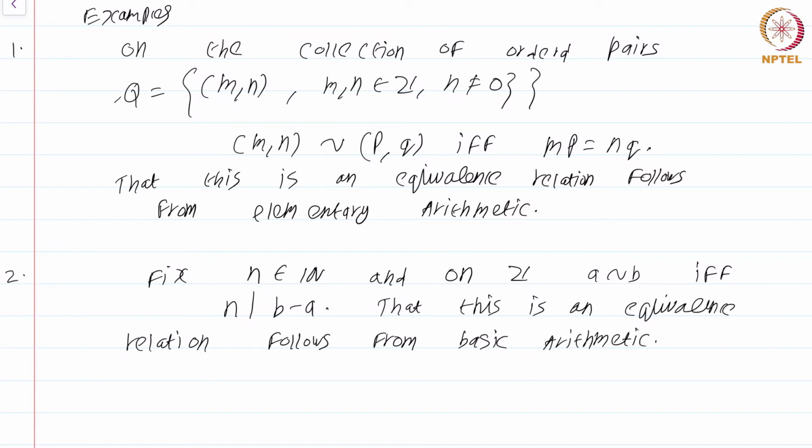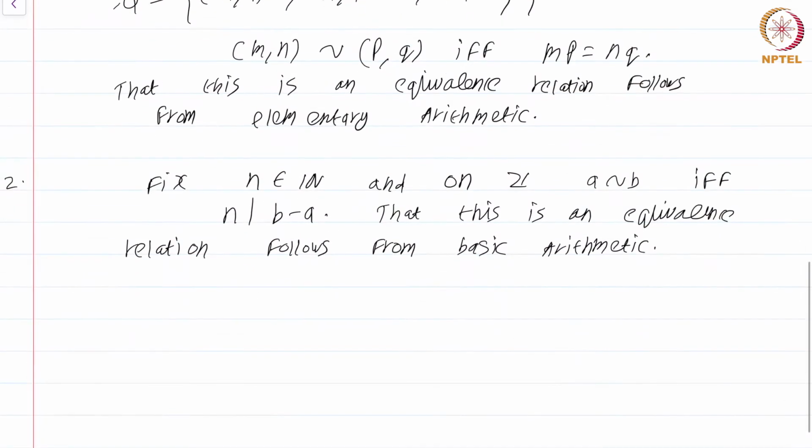This equivalence relation will give something called integers modulo n. These are very important in cryptography and number theory.